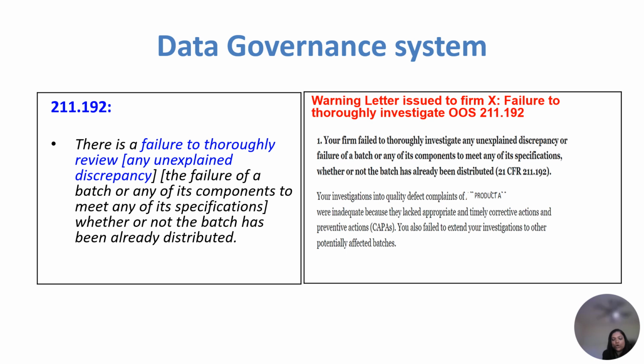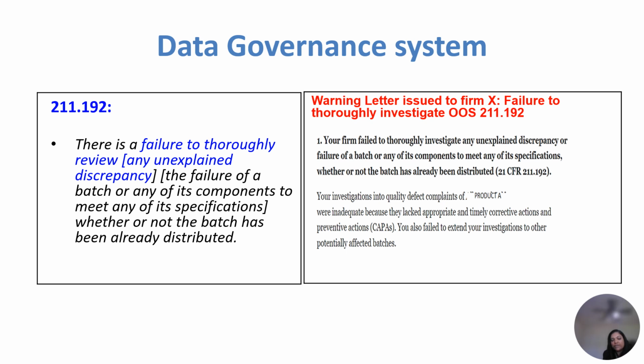The topmost observation we have seen upon inspection is 211.192, which is invalidation of original data. There must be a valid documented scientific justification to exclude data from the quality unit's decision about conformance to specifications, because commonly we have seen the firm is not adequately performing investigations and root cause analysis based on scientific justifications, and repeated observations.